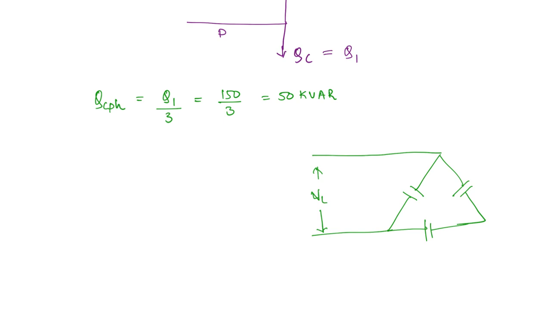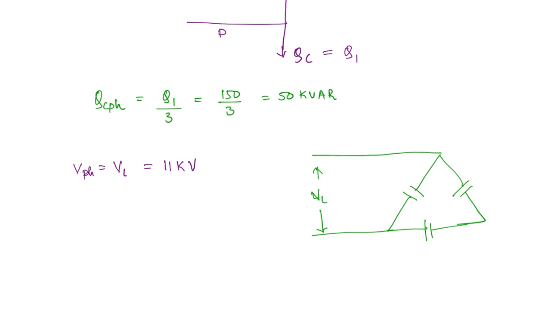Okay, so we don't have to consider what is the configuration of transmission line. We are only concerned about the configuration of the capacitance bank. Okay, so here V phase is equal to V line and this voltage is given as 11 kilovolt. So the key here is to not write 11 by root 3.